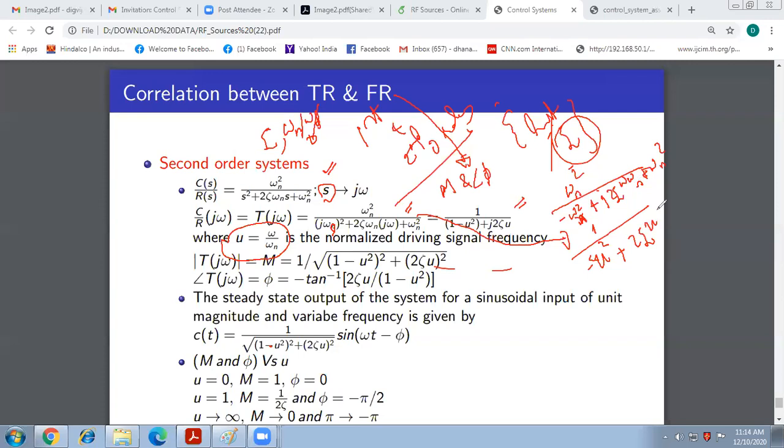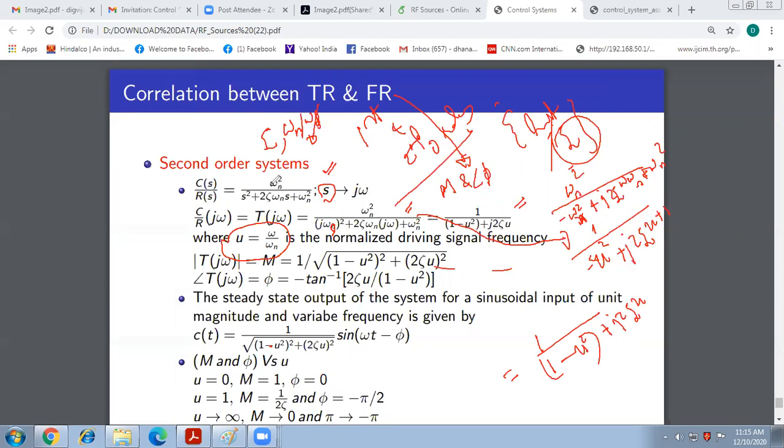That is called u, plus 1, right? And that is what we get, equal to 1 divided by 1 minus u square, that is the real part in the denominator, and the imaginary part will be j 2 zeta u, right? j will be as it is. So that is what we got here, right, friends?